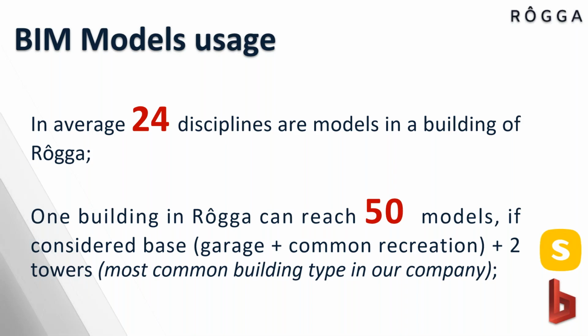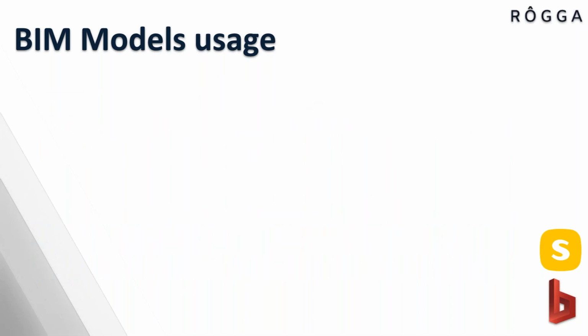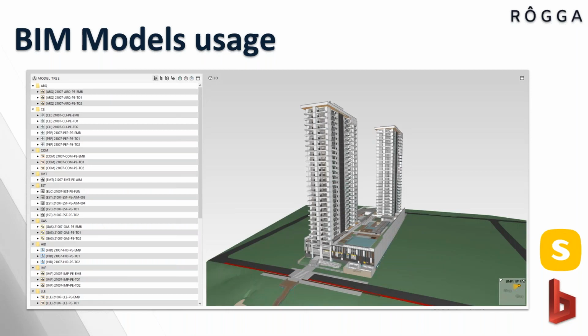So this is the most common building type in our company. So you can imagine the challenge that we have to coordinate the information in all these models, because we have a lot of models and a lot of disciplines being modeled at this time.